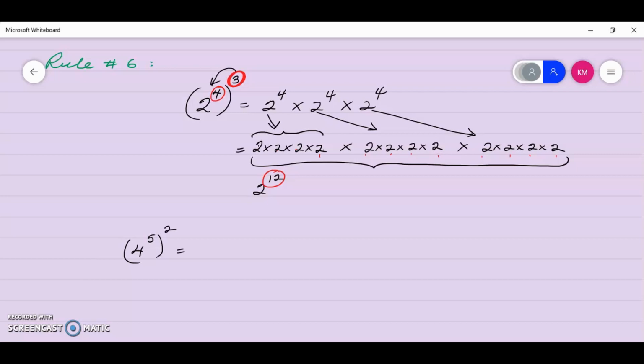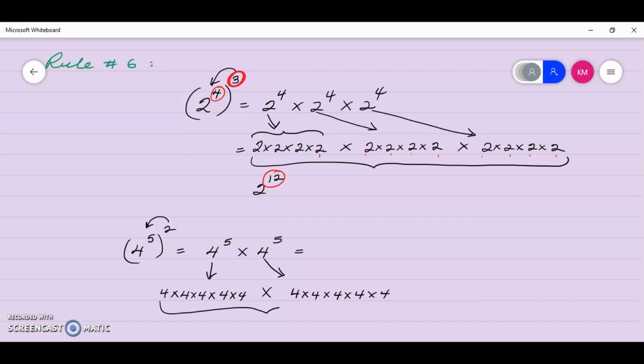So what this simply means is I am going to take what is in this bracket here and multiply it by itself 2 times. So I'm going to get 4 to the power 5 by 4 to the power 5. So this is going to give us 4 by itself 5 times, and here, same thing, 4 by itself 5 times, and these two are being multiplied.